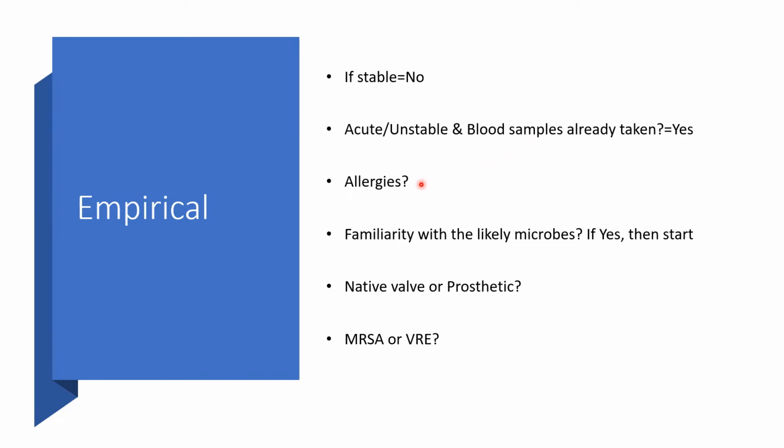Then another question is, are there allergies? When you are trying to select the antibiotics, you consider that. Then, are you familiar with the microbe? If that is the case, then you can go ahead to give those antibiotics because you are familiar with what is likely going to be the case in your domain. And are you dealing with native valve or prosthetic? That will guide.